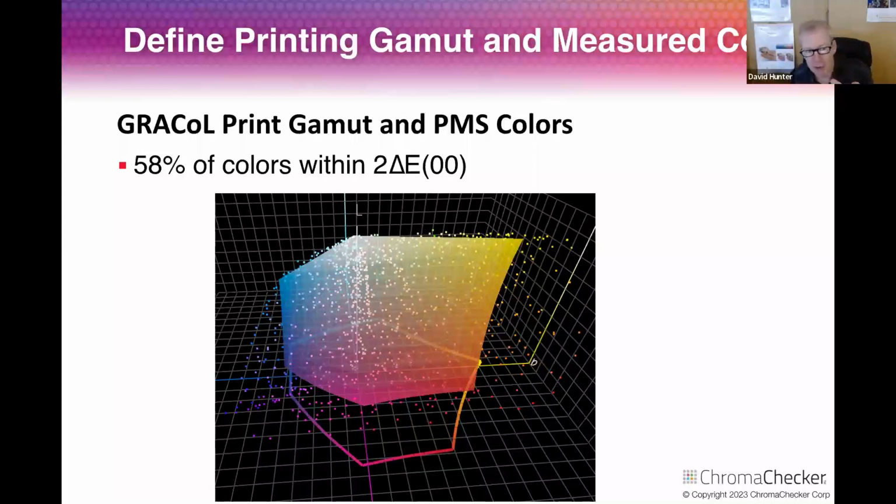But you can still see that 42% of the colors are more than 2 delta E out of gamut of Grackle, meaning you can't reproduce the color.